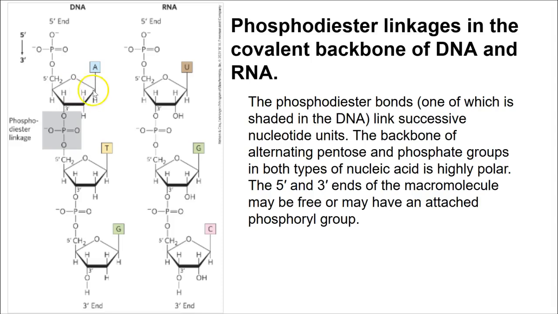Remember, you start with the numbered carbons: 1, 2, 3, 4, 5. On that fifth position, you have the phosphate group. So that's why you have a 5' end.